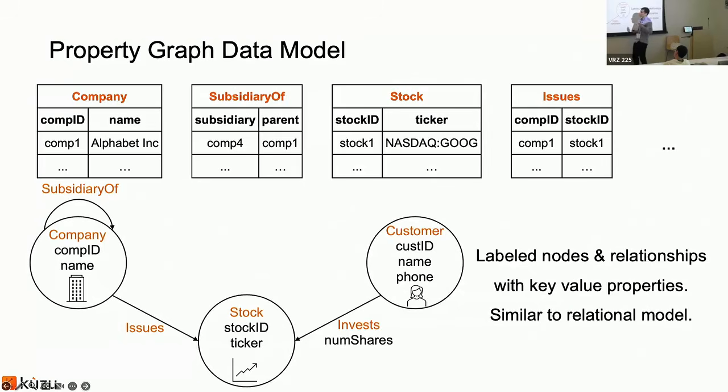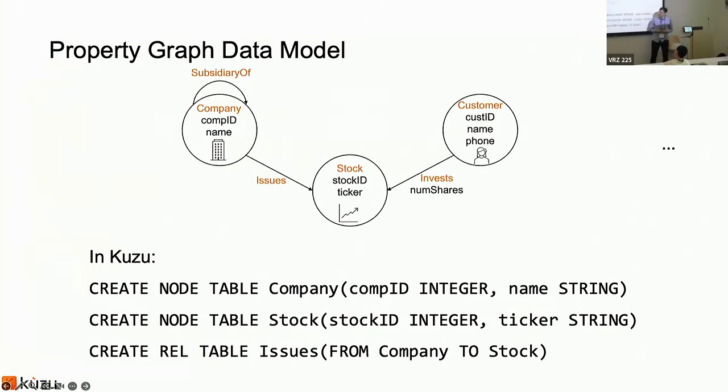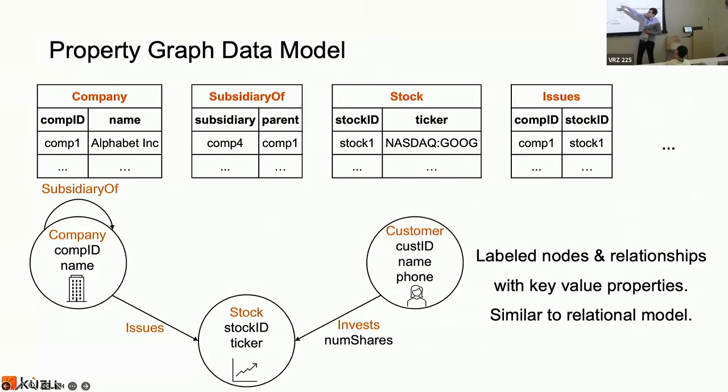But in some sense, it's also very close to the relational model. The primary difference is that you follow a tabular, relational modeling of these records, except you identify which ones are entities or nodes and which ones are relationships or edges. Out of these records, you say these are relationships and these are nodes, but it's really close to the relational model.